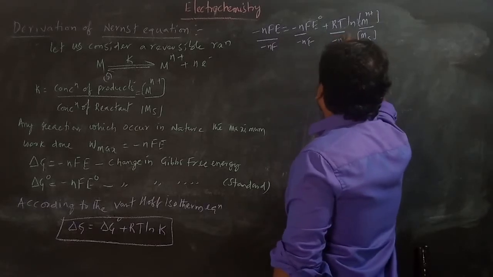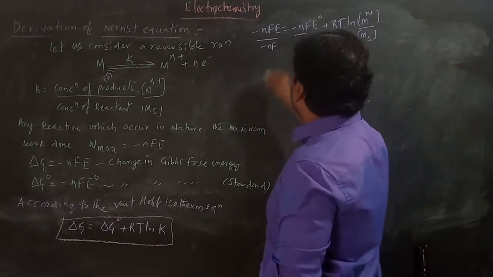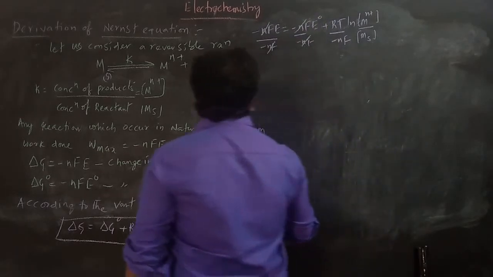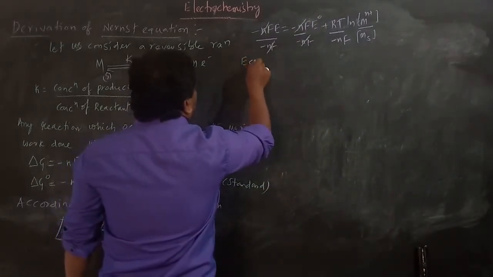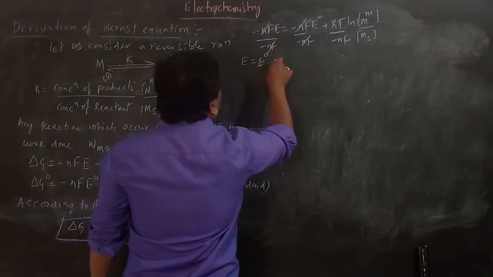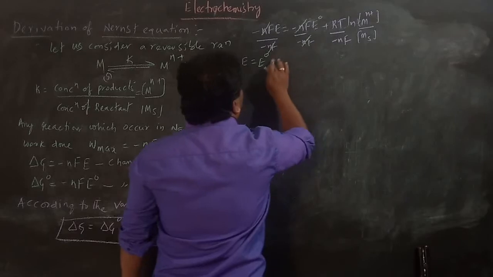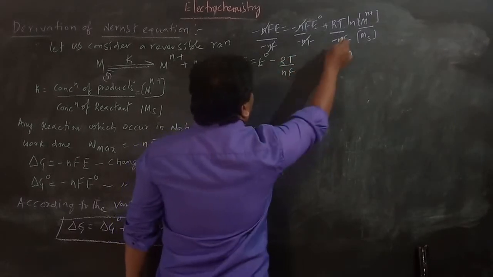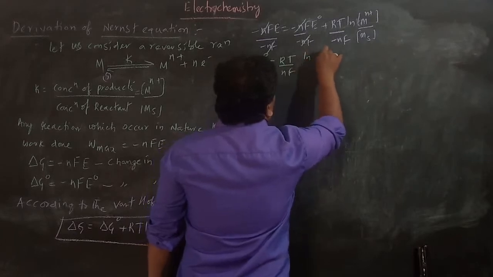The minus nF gets cancelled, so the remainder is E is equal to E naught minus RT by nF ln M^n+.